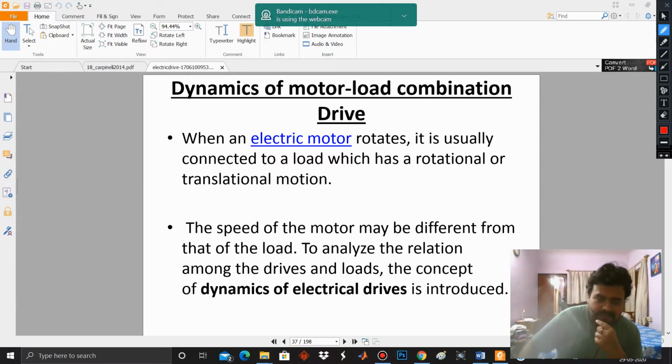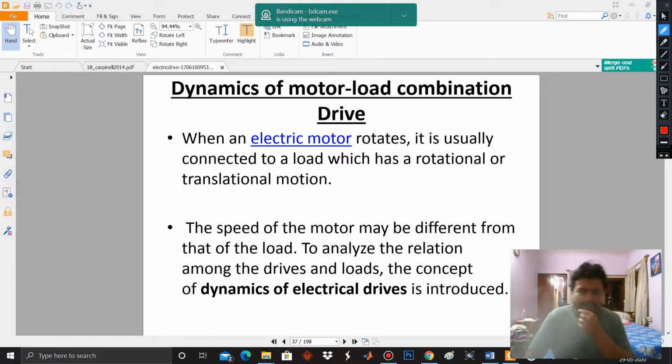That means if by some sort of gear arrangement we can design a load which can move linearly, then it is a translational motion. Also, there is a special type of induction motor known as LIM or linear induction motor. It also exhibits translational motion.